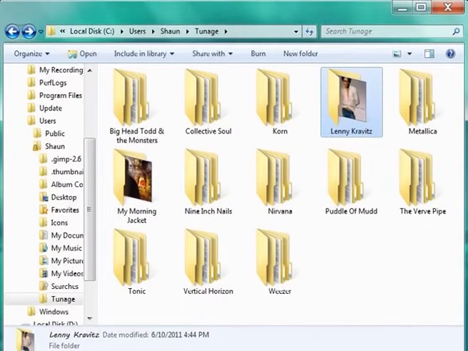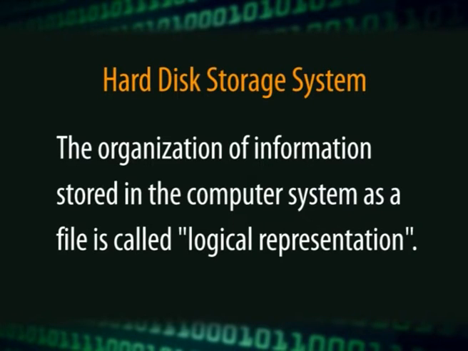Data files are also sometimes called documents. That means, logically, whenever we store any information inside the computer, it is in the form of files or documents. In short, the organization of information stored in a computer system as files is called the logical representation.